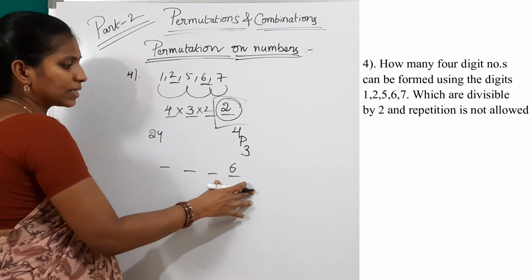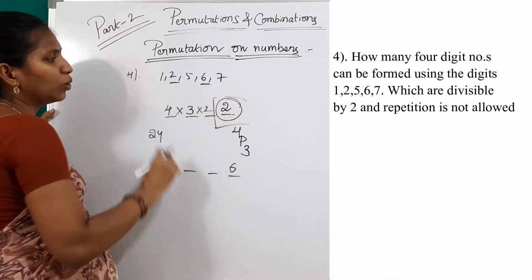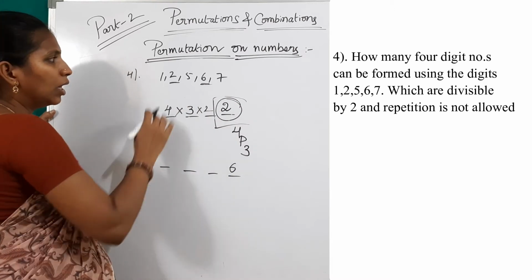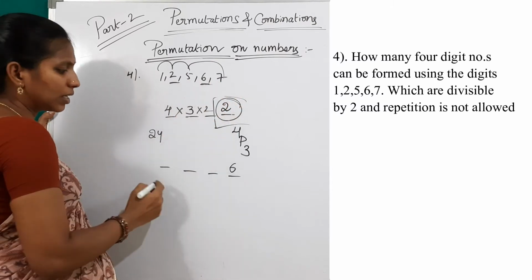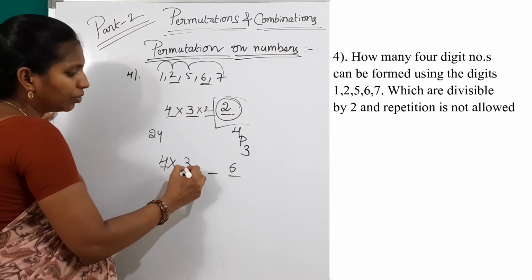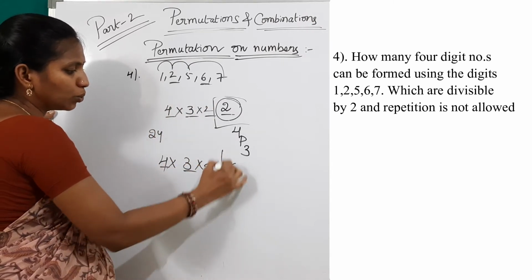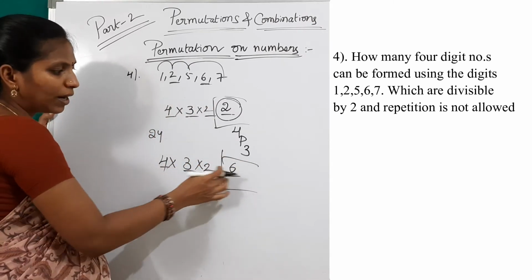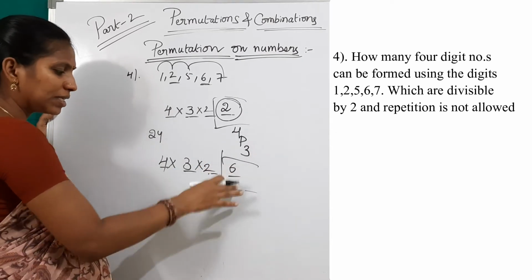Now I want to fix 6 at units place. What are the remaining digits? 1, 2, 5 and 7. So 4 possible ways into the remaining 3 elements, 3 possible ways, into 2. Don't multiply with the 6, because that place is fixed.